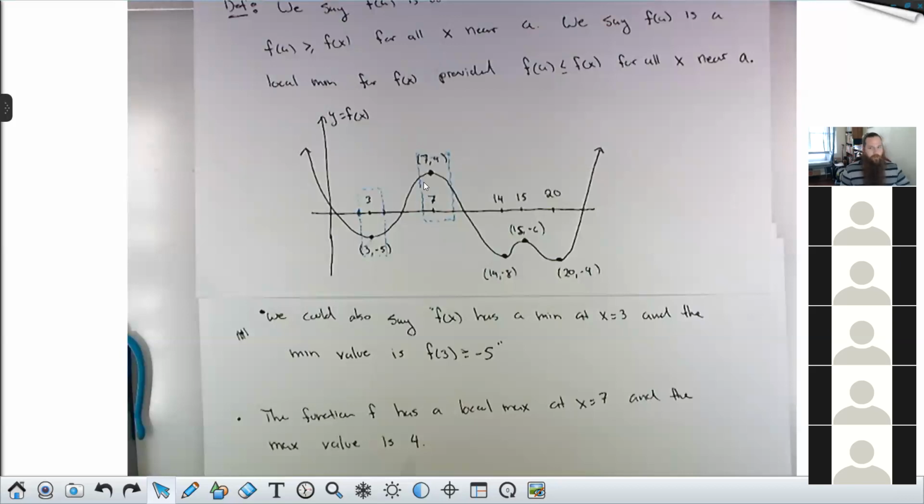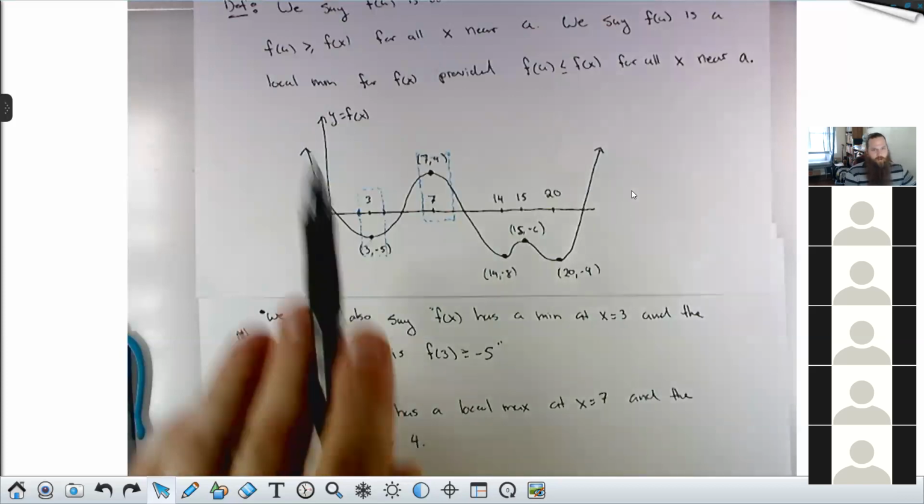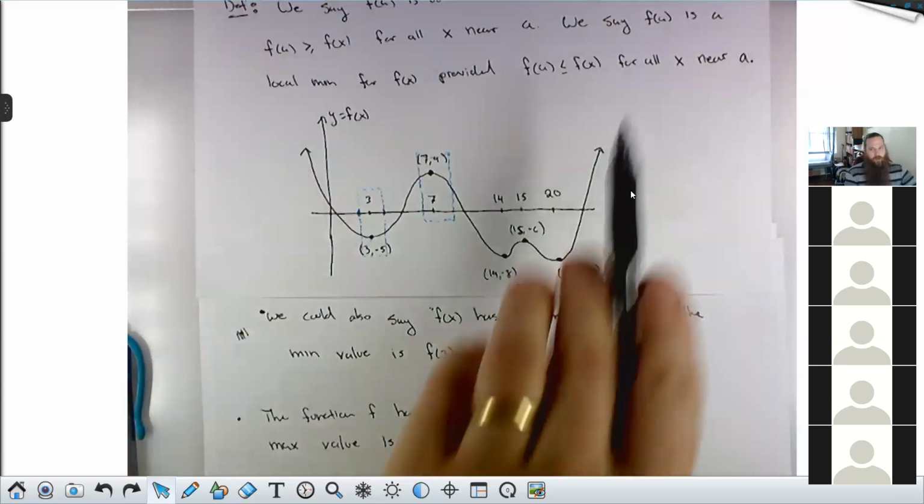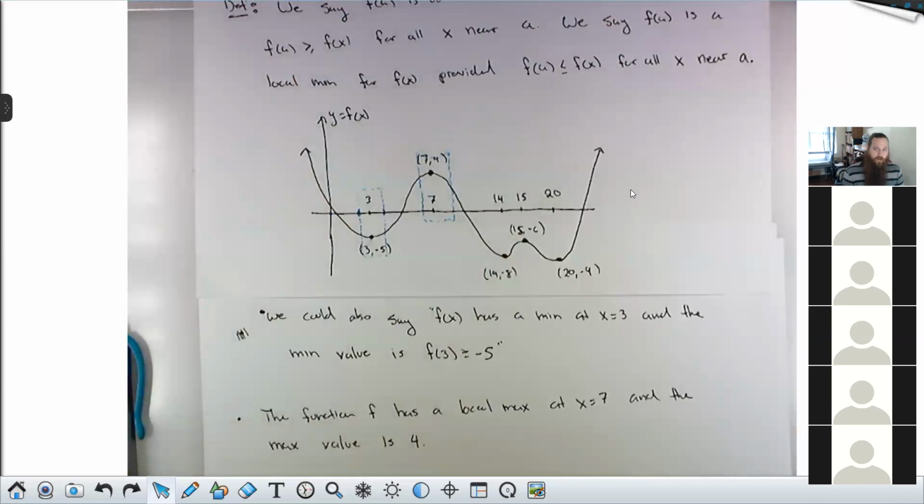The function I've drawn here doesn't have a global max. These arrows pointing up on either side indicate that the function grows and grows and gets really, really big. So there is no largest y value, but it would have a global min. The global or absolute min for this function would be the smallest y value anywhere on the graph, and that's right here.